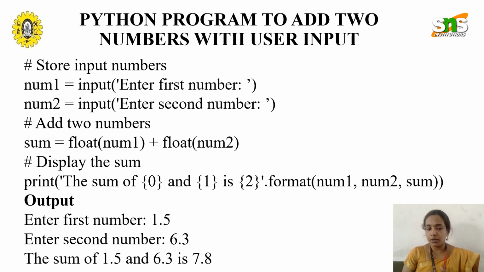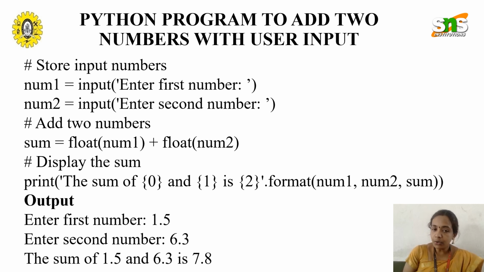Int means integer. So for example, 2 is an integer, 3 is an integer, 7 is an integer. But float means 3.5, 2.3, or 7.1. Whenever you have a decimal value in the number, that is called a float. Whenever you don't have a decimal value, then it is called an integer.